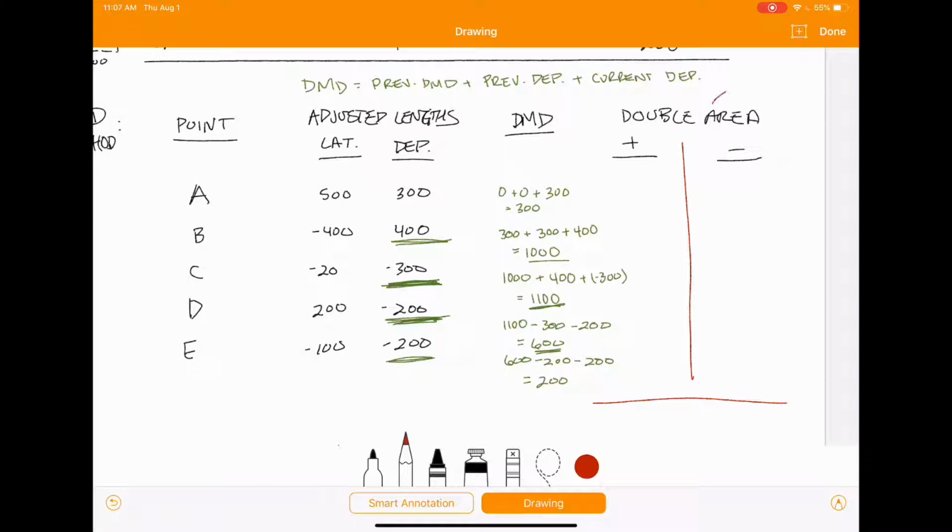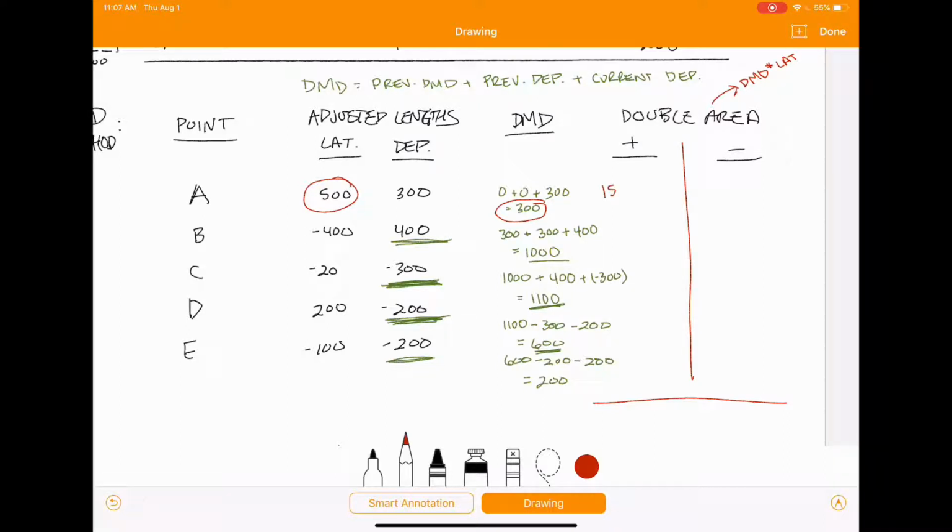So your double area equation is going to be your DMD times your latitude. So it's going to be this times this, which is positive times a positive, which is a positive. So you're going to place it in the positive column.